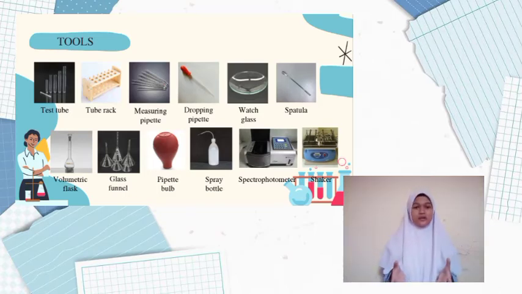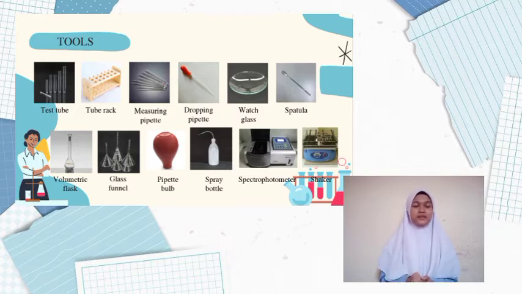Okay, before we do the practicum, we must prepare the tools and the materials that we will use. For the tools, we need: one, test tube, used for accommodating the solution that we will read. Two, tube rack, used for putting the test tube during the practicum. Three, measuring pipette, used for transferring the solution according to the required volume.